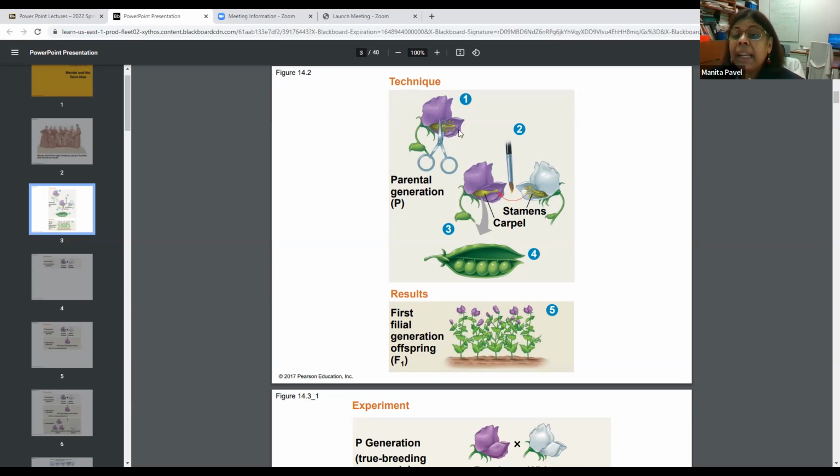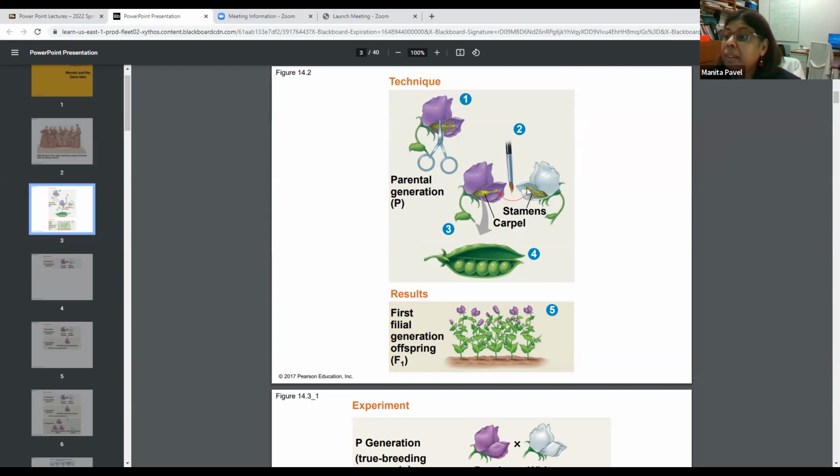So he conducted self-pollination experiments, wherein you can take a paintbrush, you can dust the pollen from the anther, which is the male stamen, and touch it to the pistil or the carpel, which is the female, and pollination will take place. So what is pollination?